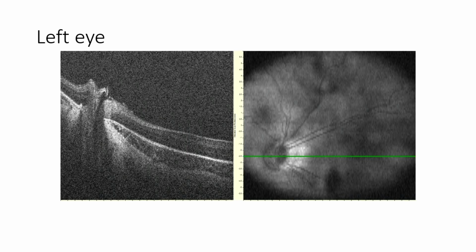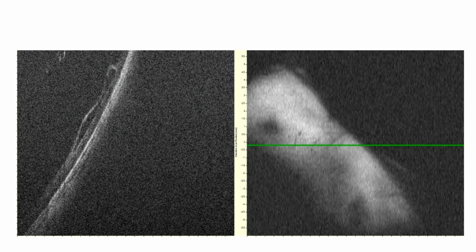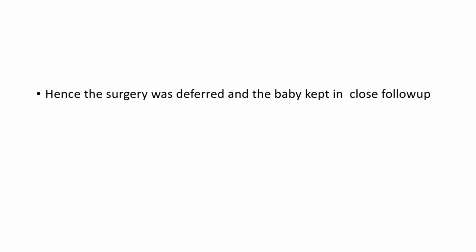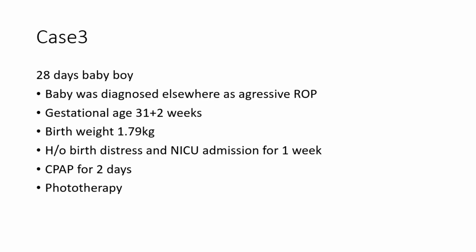In the left eye, the disc and macula appeared normal, and in the periphery, we could see a pre-retinal fibrous tissue which was just lying over the retina, but it was not causing any traction. Hence, the decision to do the surgery was deferred, and the baby is kept in close follow-up.